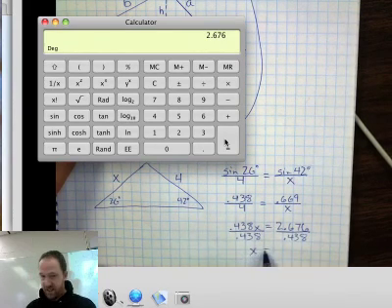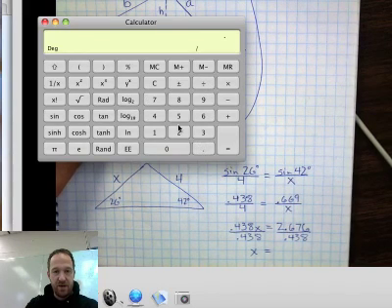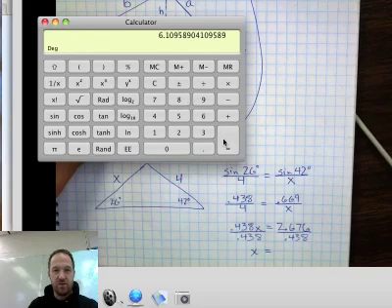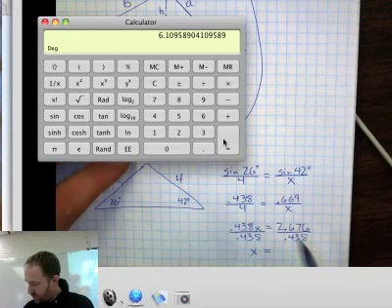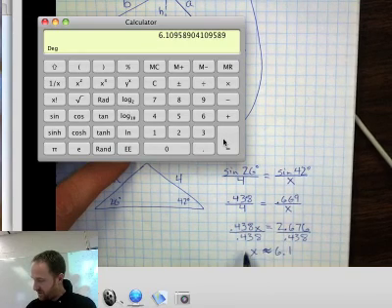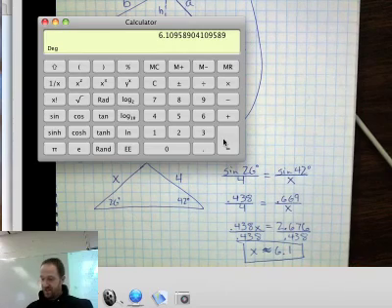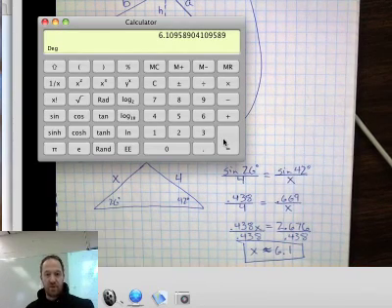And we get x equals 2.676 divided by 0.438 equals, it's about 6.1. I'm going to round my answer to the nearest tenth. That's okay. There is that missing side in a non-right triangle.